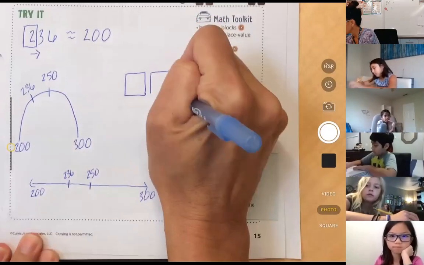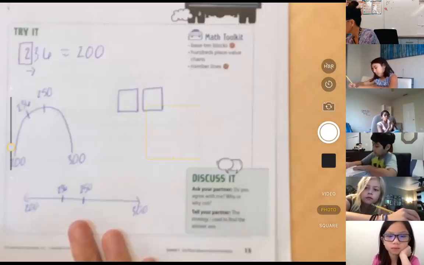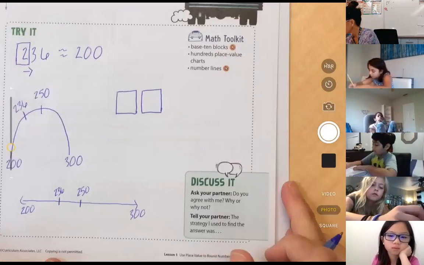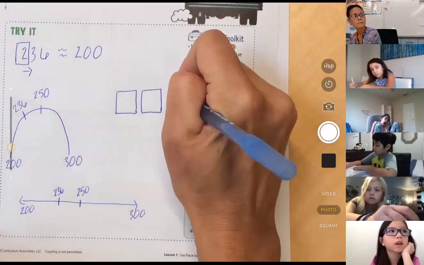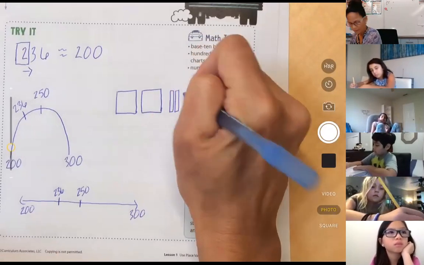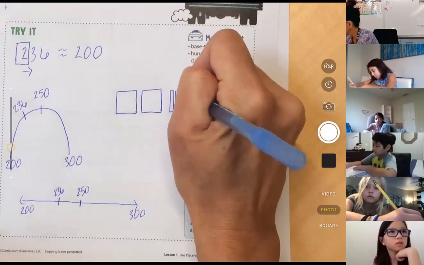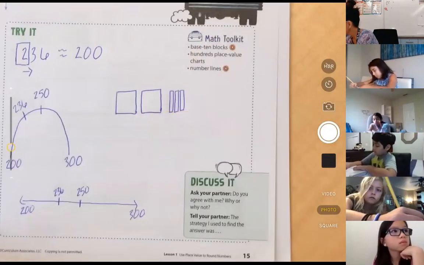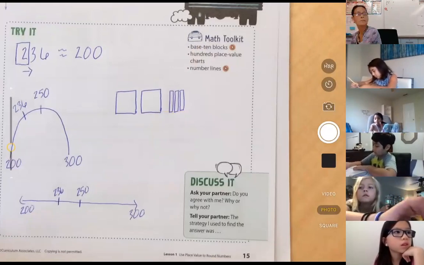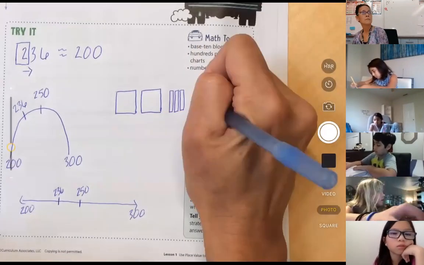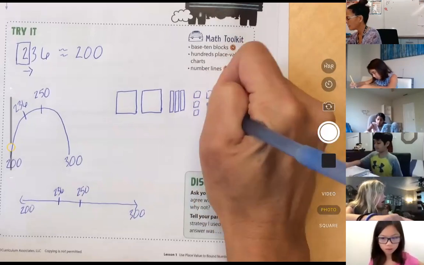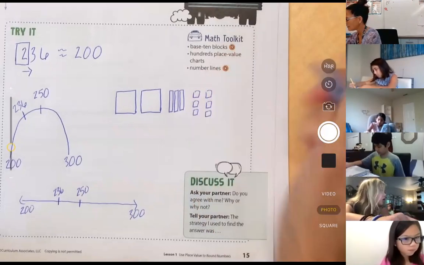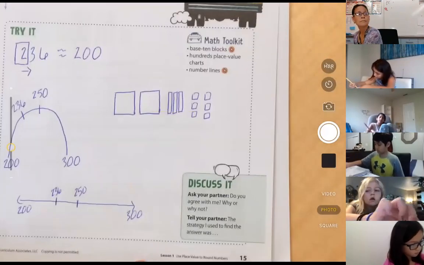So here's 10, here's 10, and here's 10. So that's 30. But then we can't forget about our 6 ones. So this here is a model of the number 236. That's the model.